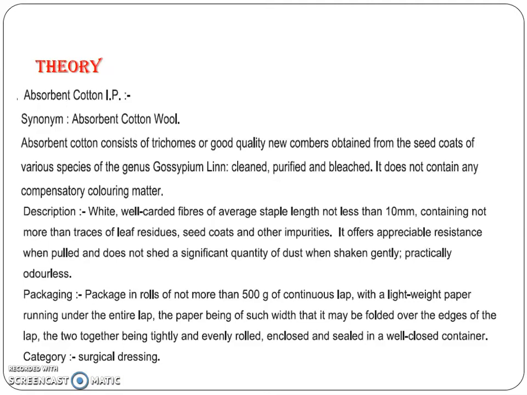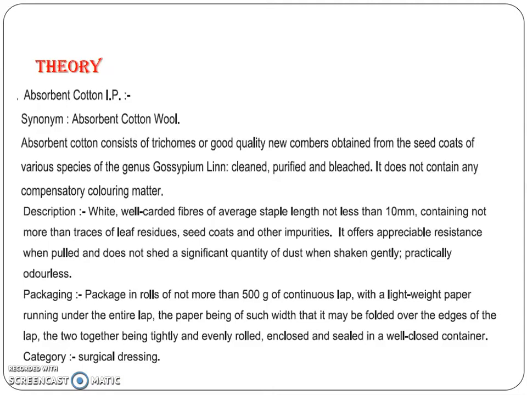Description: white, well-carded fibers of average staple length not less than 10 mm, containing not more than traces of leaf residue, seed coats and other impurity. It offers appreciable resistance when pulled and does not shed a significant quantity of dust when shaken gently. Practically, it is odorless.